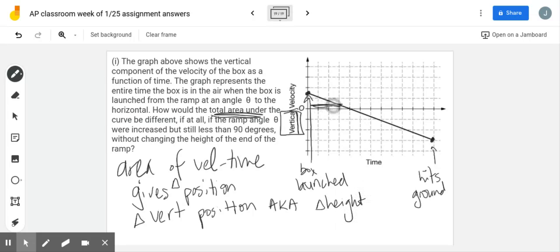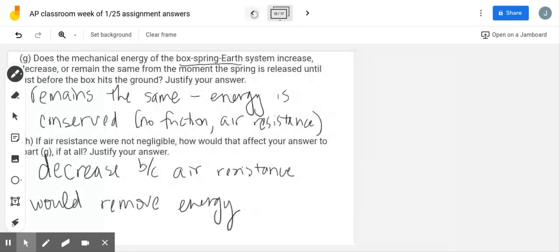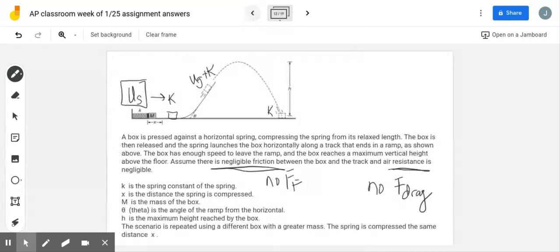So the area here gives us the change in height, which makes sense because the box is launched at a higher height than it is when it hits the ground, right? Let's go back. They're talking about from here to here. So yeah, that change in height better be negative.